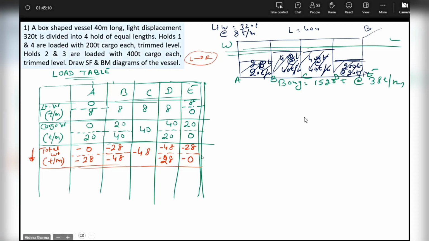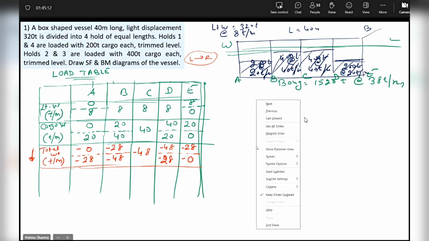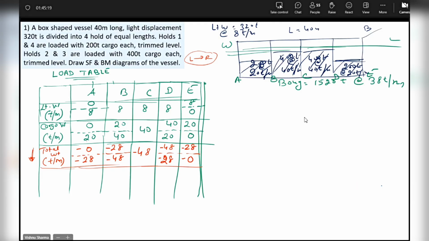Now look at the box-shaped vessel diagram. How many forces are acting upwards? Only one, buoyancy. So we make a row for buoyancy in tons per meter. If the buoyancy at any point to the left and right is different, then we need to divide those points.